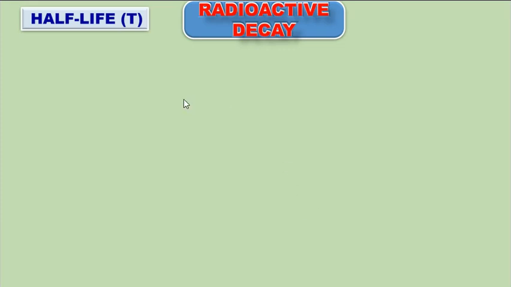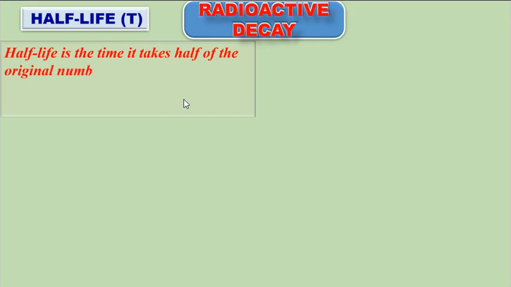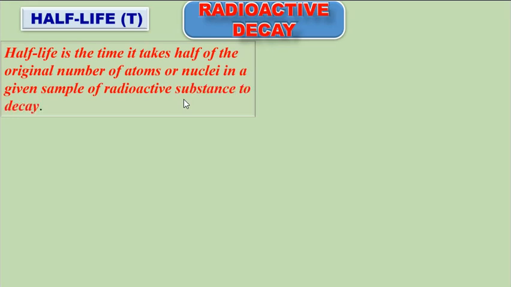Now, what do you mean by half-life? The half-life of a radioactive element is the time it takes for half of the original number of atoms or mass of that sample of a nuclide to decay. That's why I say half-life is the time it takes half of the original number of atoms in a given sample of radioactive substance to do what?